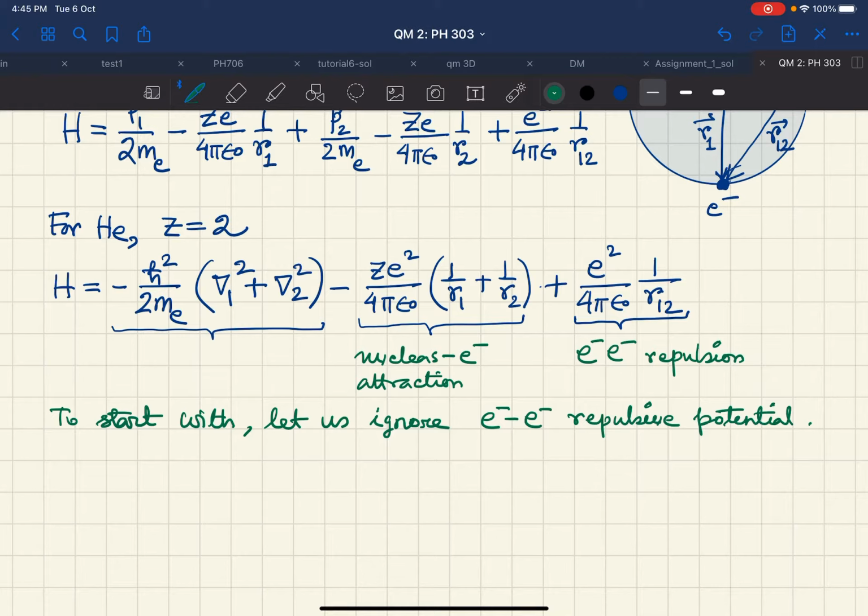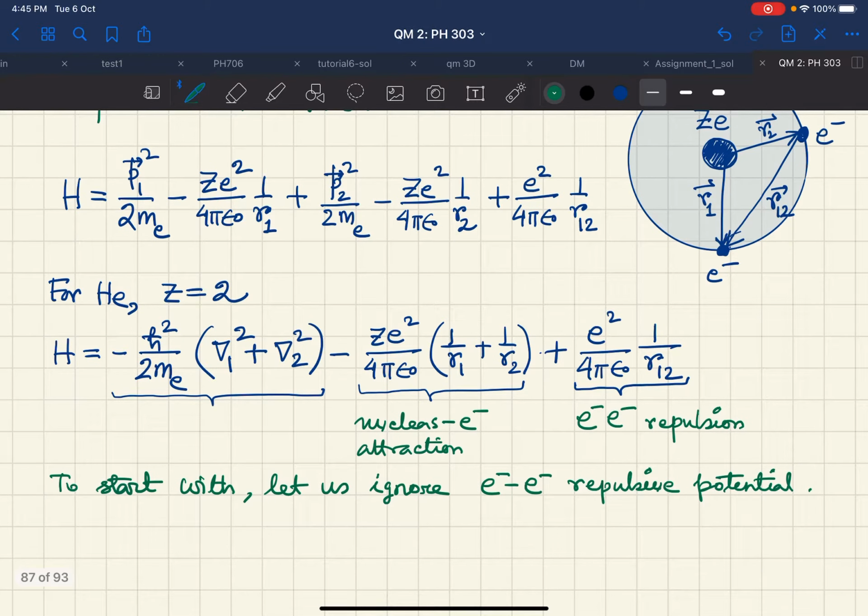You look at this Hamiltonian, this is like one hydrogen atom, this is like another hydrogen atom, and for the time being we are not incorporating this term. So therefore you can immediately identify that the Hamiltonian looks like a direct sum of two different hydrogen atoms.